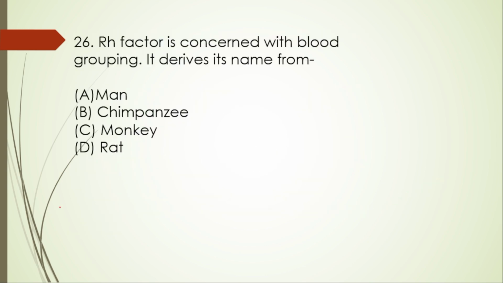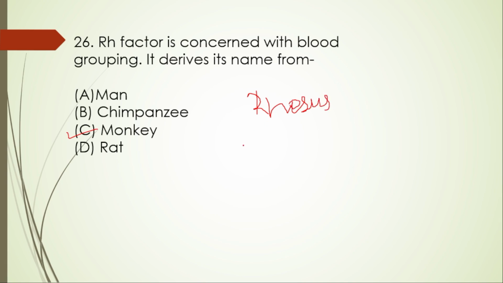Here the next question is question number 26. Rh factor is concerned with blood grouping. It derives its name from: A, man; B, chimpanzee; C, monkey; D, rat. So here the right option is C, monkey. Rh factor means rhesus factor.